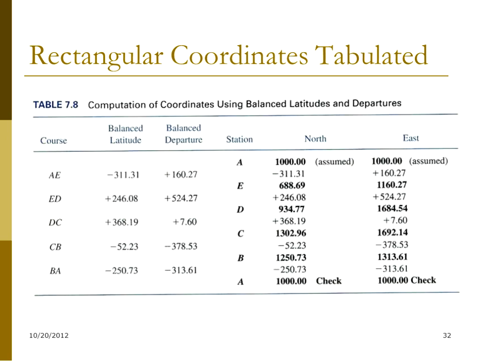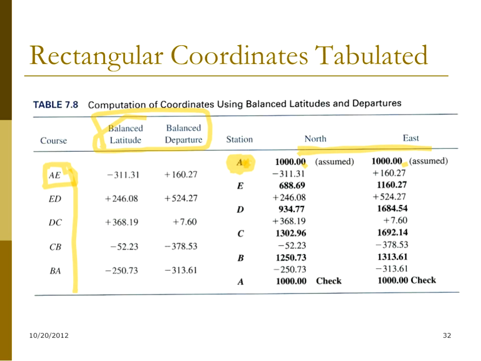This is the same thing in a tabular form. So here are all of those balanced departures and latitudes for each of our segments. Notice the way this is written, right? Because the coordinates are at an individual station. So station A is at 1,000, 1,000, but the departures and latitudes are tied to the actual line segment, not to the station.